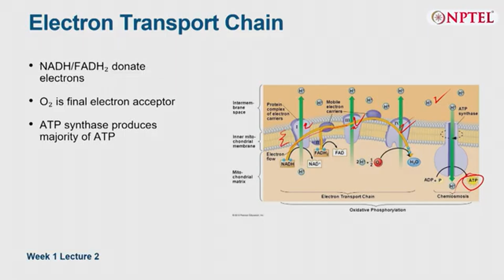Once the ATP is produced, ATP goes outside the membrane to the cytoplasm in exchange for phosphate, and the phosphate, once it comes inside, that also comes through a separate membrane carrier model.